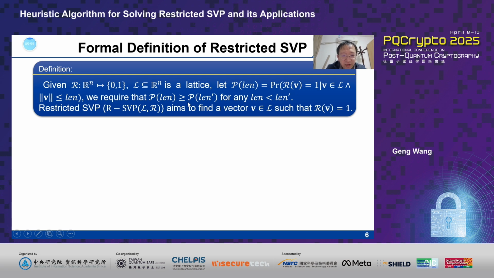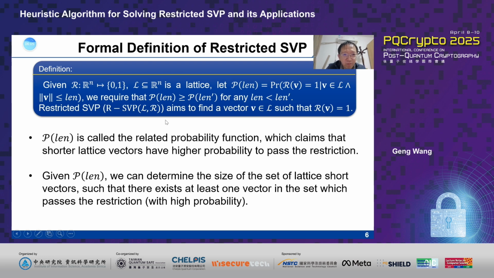So finding shorter vectors in the lattice can lead to a larger success probability for solving the RSVP problem. So given the related probability function p, we can determine the size of the set of short lattice vectors such that there exists at least one vector in the set which passes the restriction with high probability.